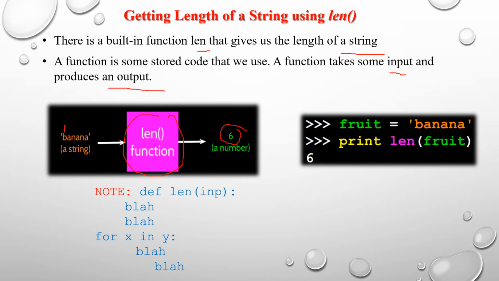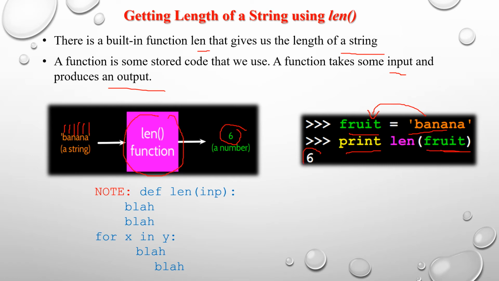So this is the first one, a is the second one, n is the third one, and again a is the fourth one, n is the fifth one, a is the sixth one. So the number of characters is 6. Here fruit is equal to banana. Banana is stored in a variable, and the variable is named fruit. After that we are going to print len of fruit.